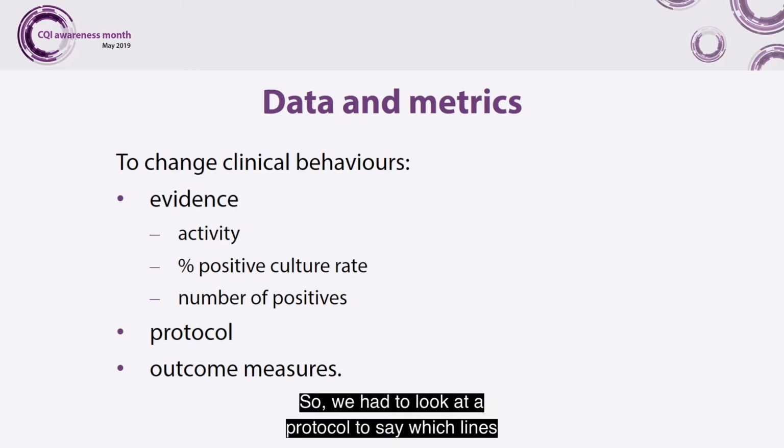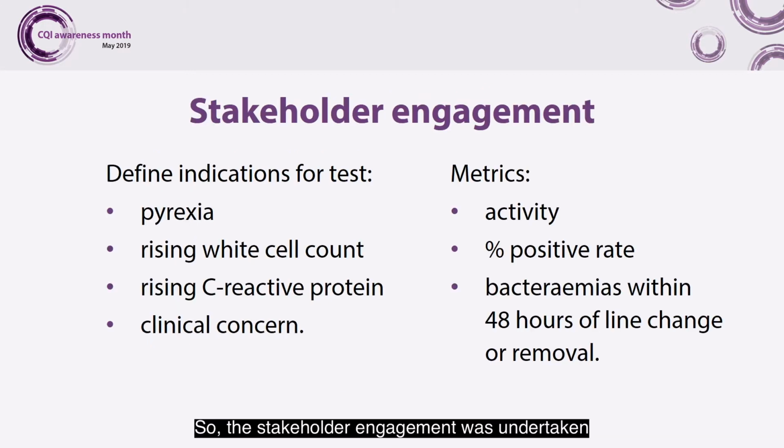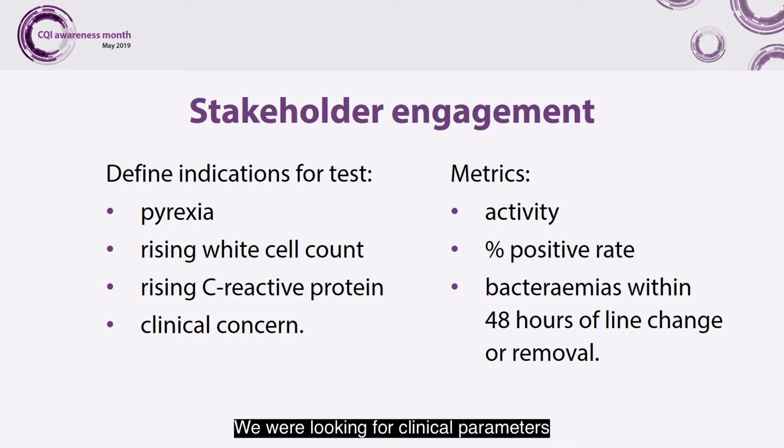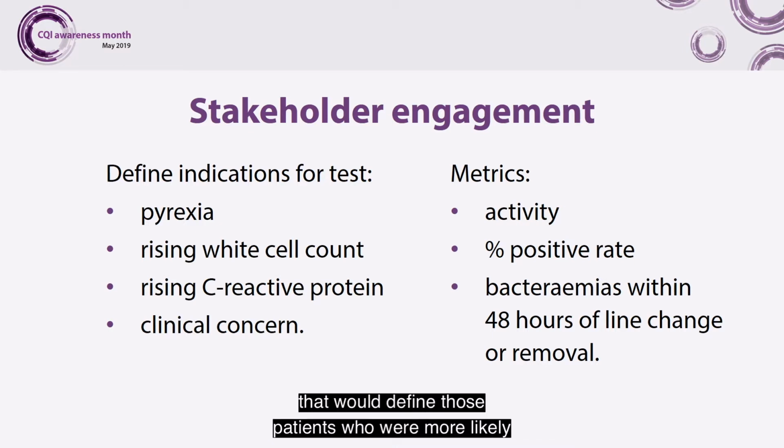So we had to look at a protocol to say which lines should be sent to maximize the value, and then how were we going to measure this and what was it going to tell us. So the stakeholder engagement was undertaken through an audit of the positives in the first instance. We were looking for clinical parameters that would define those patients who were more likely to have a positive culture result.